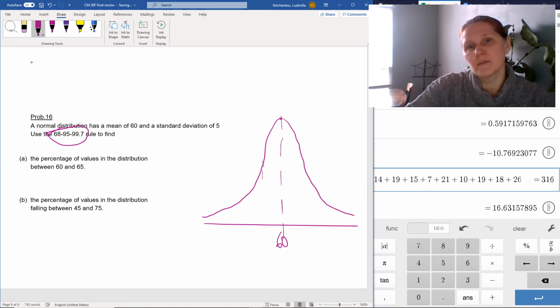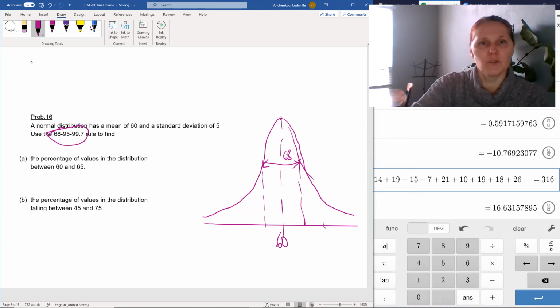It has 68% of values within one standard deviation. One standard deviation is 5. So 60 plus 5 is 65, 60 minus 5 is 55.